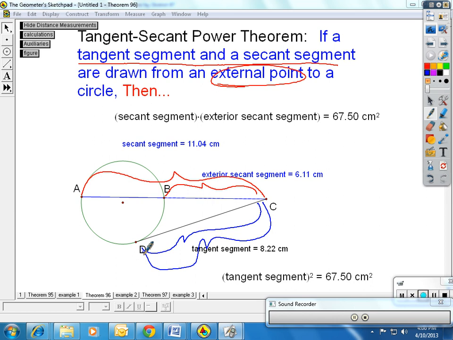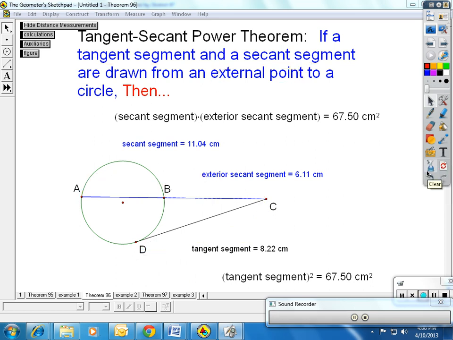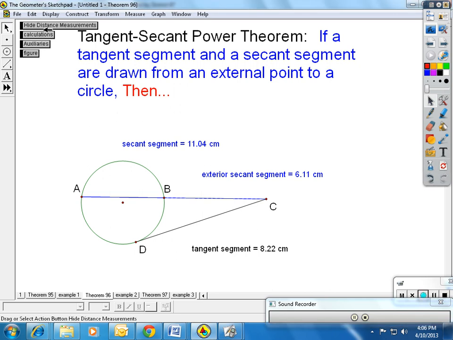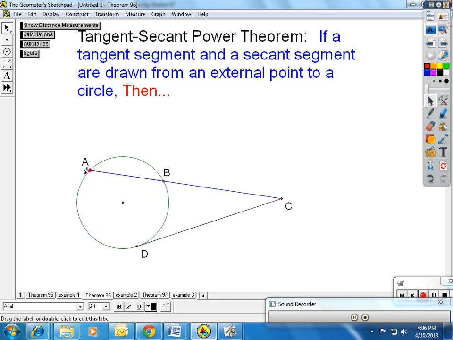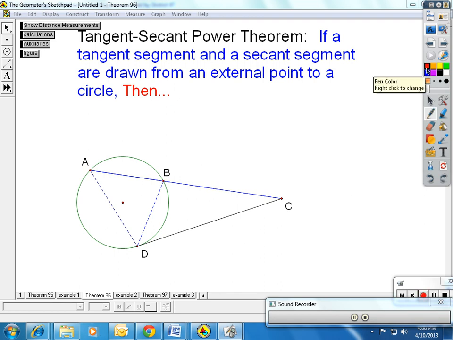Now, again, following the inductive approach, let us think about this deductively. All right. Again, a few nice auxiliaries make this very, very possible. What do you think those auxiliaries are? These auxiliaries right here, and that might not be intuitive, but I want to show you why. If I draw these two auxiliaries in, this is what I have.